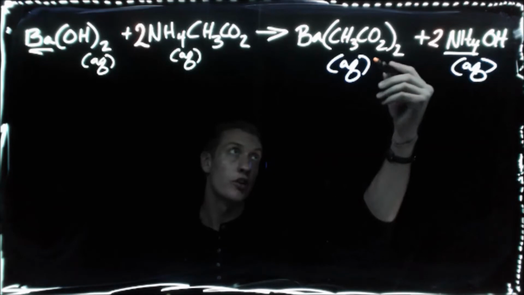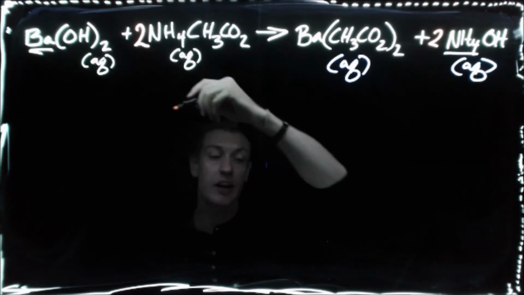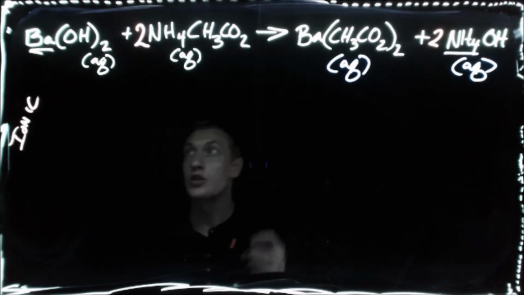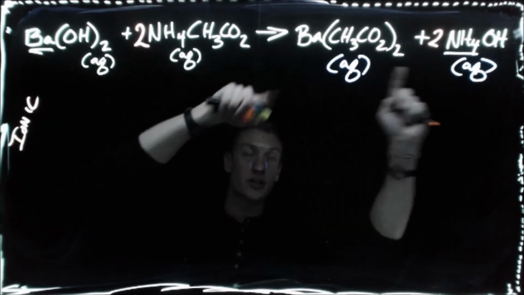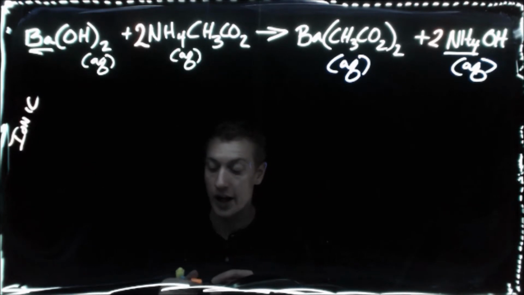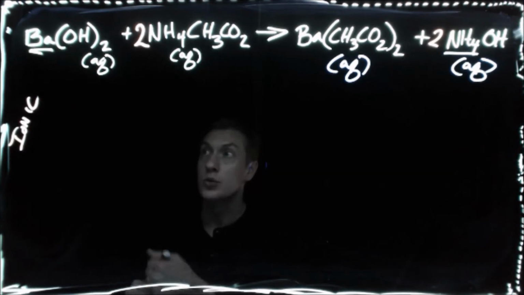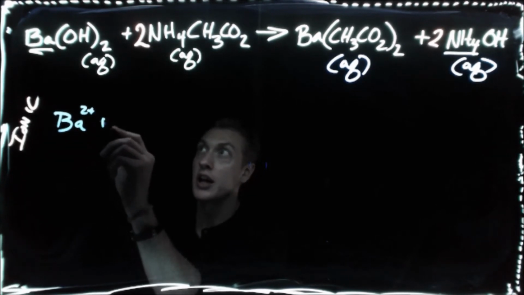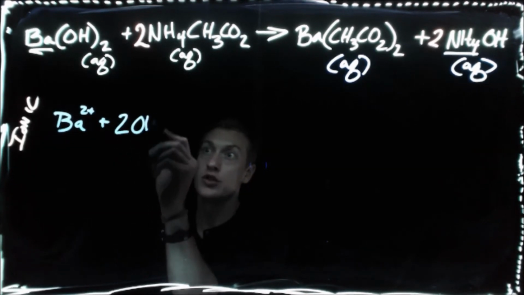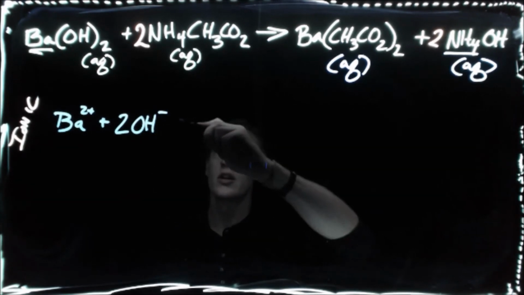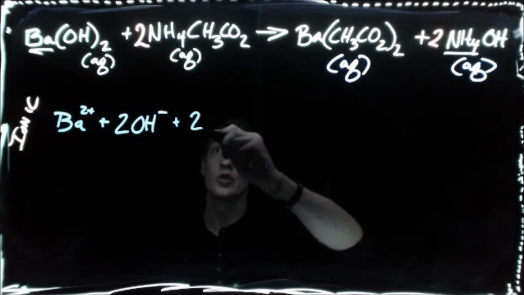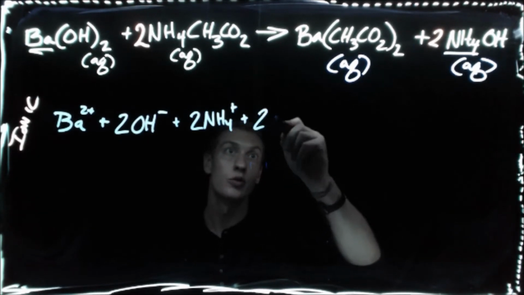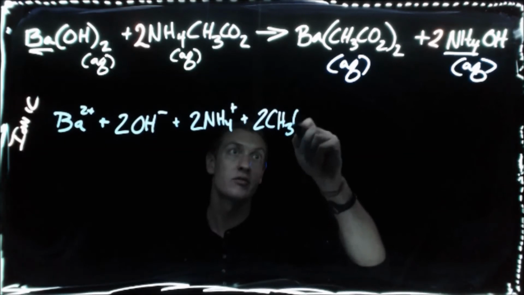Now the next thing we're going to do is write an ionic equation. So we are going to take all of these aqueous things and split them into their constituent ions. So we will have barium 2+ and 2 hydroxide ions plus 2 ammonium ions plus 2 acetate ions.